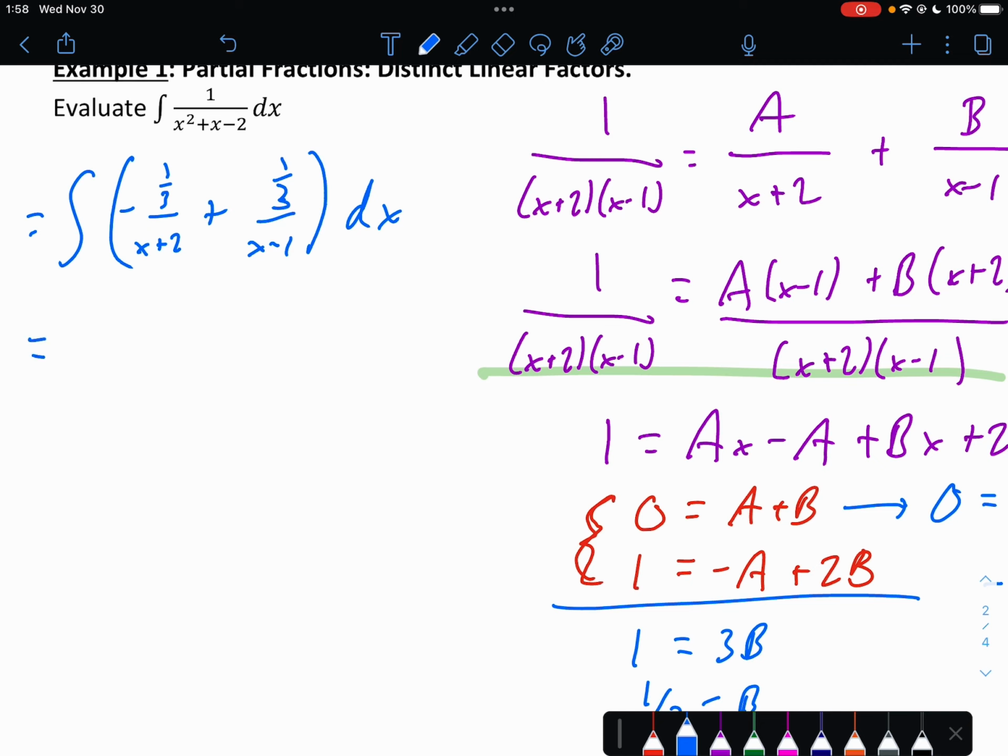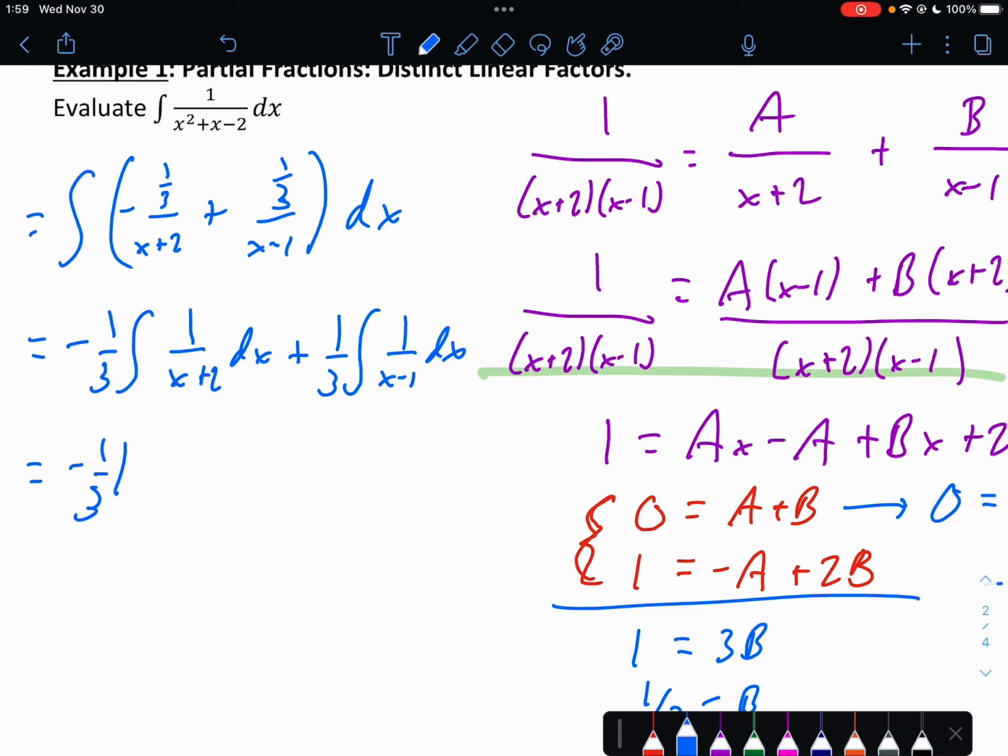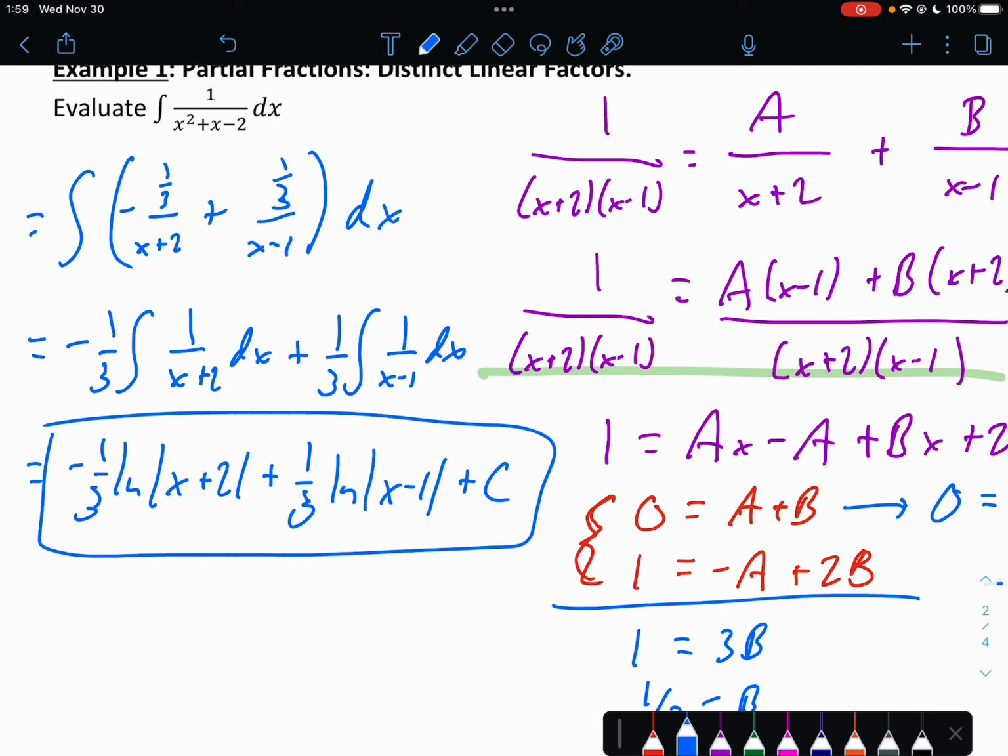I'll write it out like this so you can see how this is going to work. This is what we're going to be thinking, but we don't need to actually do all this work because we should be able to do this integral without writing this out. But this is what we're actually going to be integrating here. And it's going to be negative 1/3 ln absolute value of x plus 2 plus 1/3 ln absolute value of x minus 1 plus c, of course.